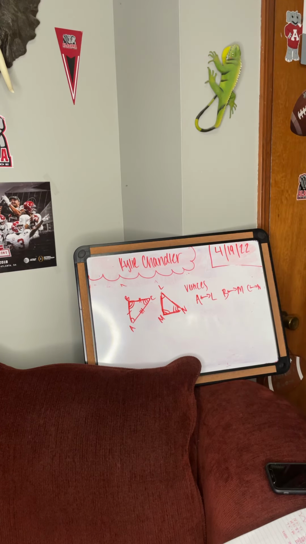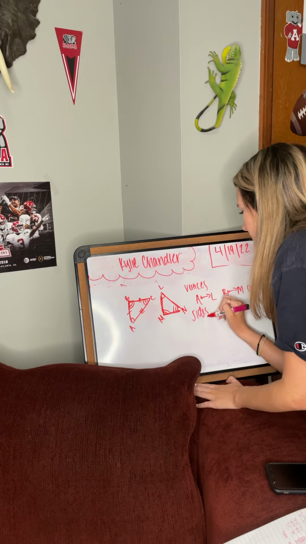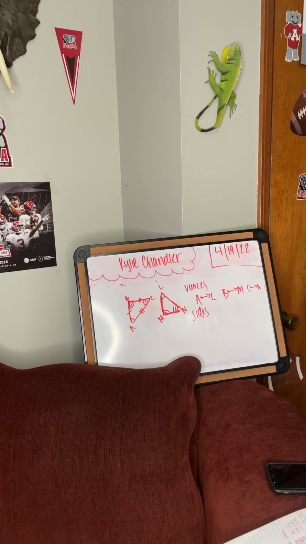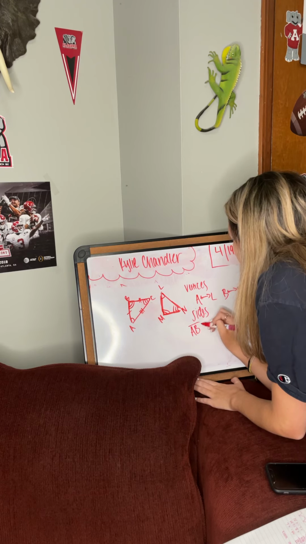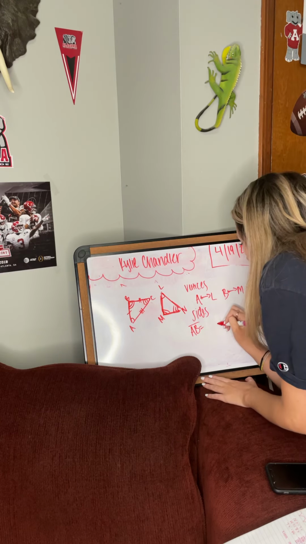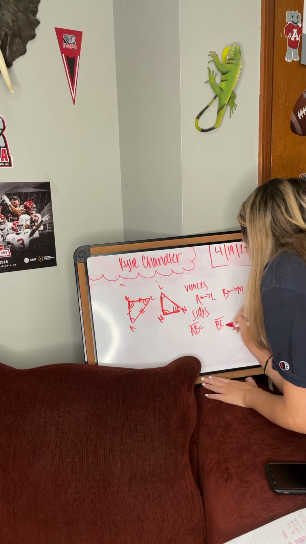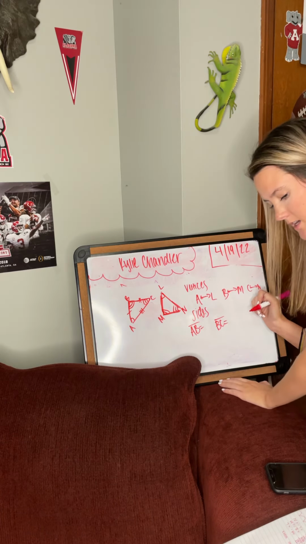Now we want to do corresponding sides. I'm going to go ahead and write all the sides out first, and then we'll find the corresponding ones. So we have sides AB, then we have sides BC, and then we have CA.